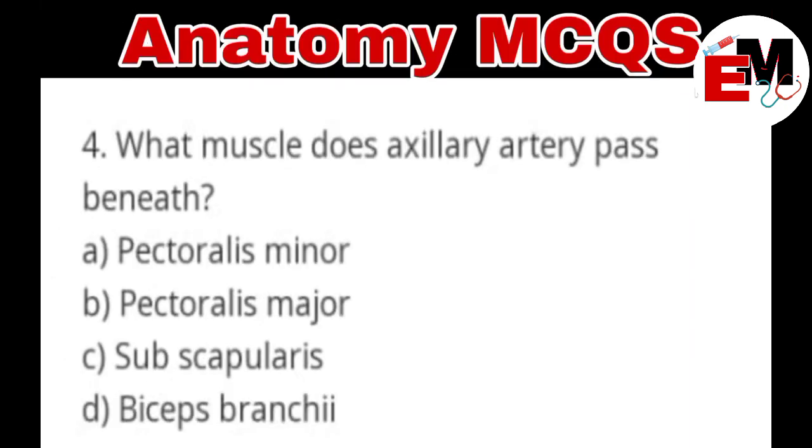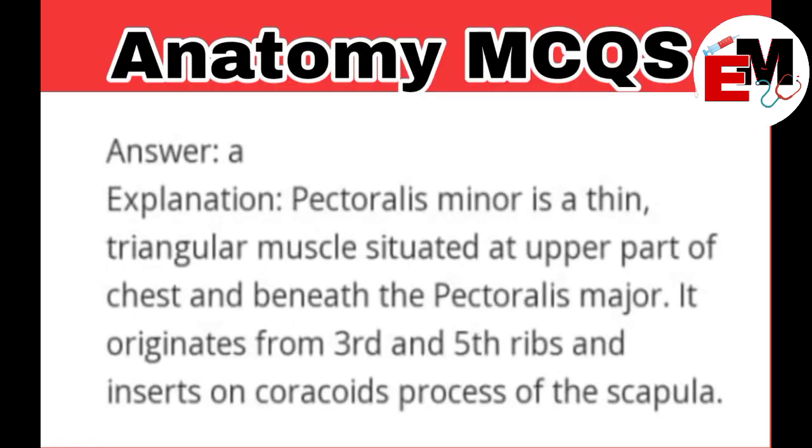Next question: what muscle does the axillary artery pass beneath? Option A pectoralis minor, option B pectoralis major, option C subscapularis, option D biceps brachii. The correct option is A, and the explanation of this MCQ: pectoralis minor is a thin, triangular muscle situated at the upper part of the chest, beneath the pectoralis major muscle.